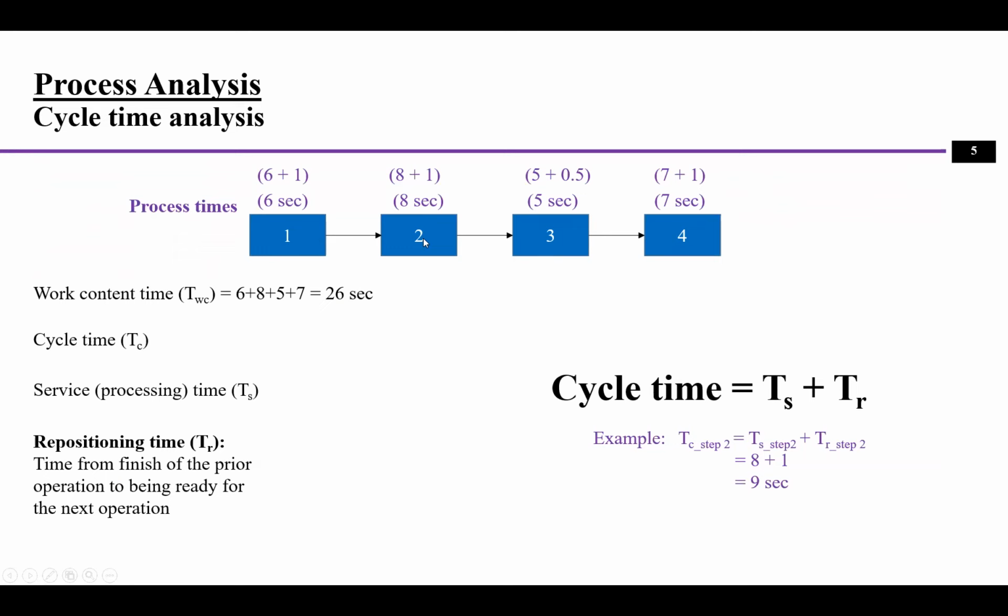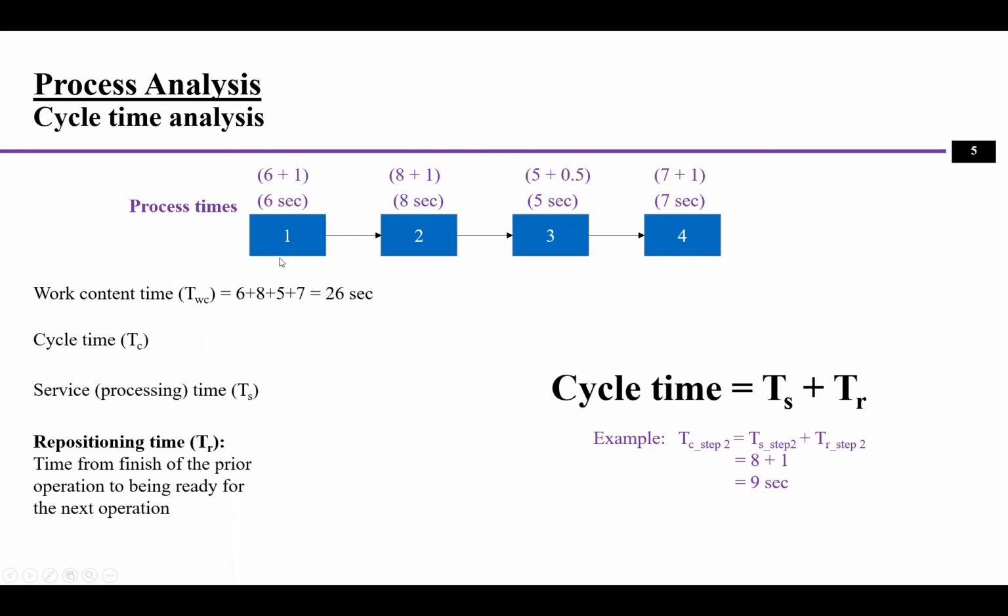So if you wait here at the end of process 4, about every 7 seconds, or 8 seconds, you can receive a new complete product. Isn't it right? Think about the finish time.